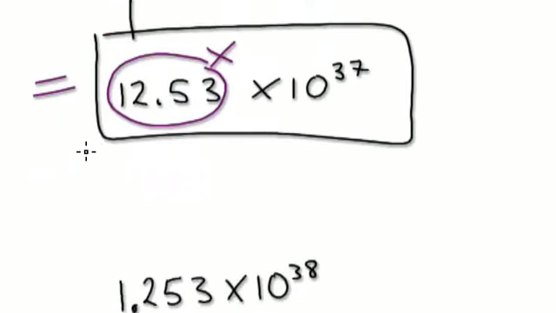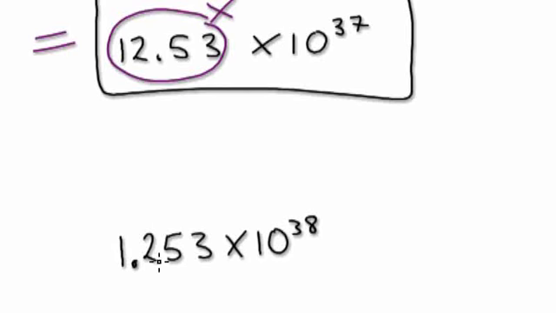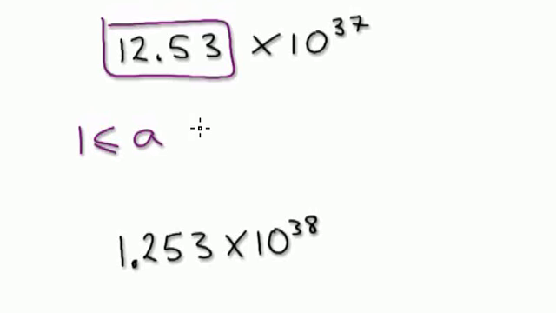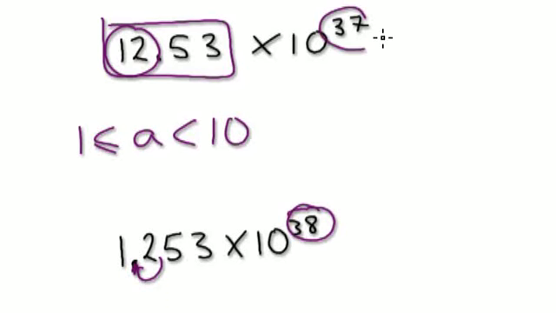If you want to write it, the old decimal was here, move it over here, and change this to a 38. But you can't have it in this form, because the condition is that a has to be 1 or above, but less than 10. This one, 12, is bigger than 10. So if you want to rewrite it, move it one place back and increase this by 1.